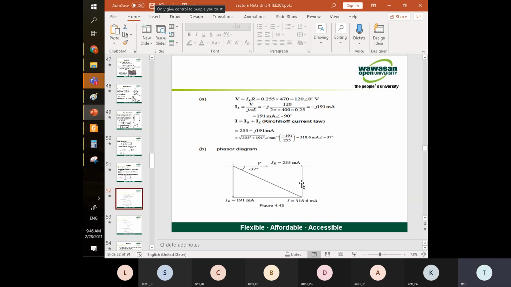Here is the minus J over the real axis, then tangent. Then we can find everything. So the phasor looks like this.